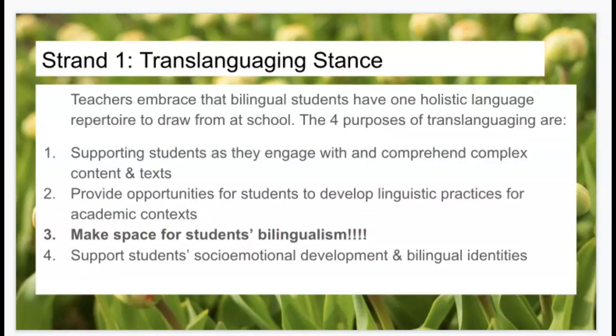The first strand is stance. And what that means is teachers with a translanguaging understanding and a translanguaging stance are those that leverage students' bilingualism for learning.